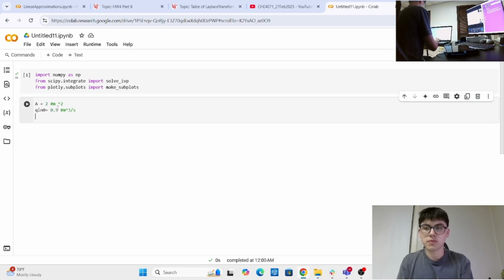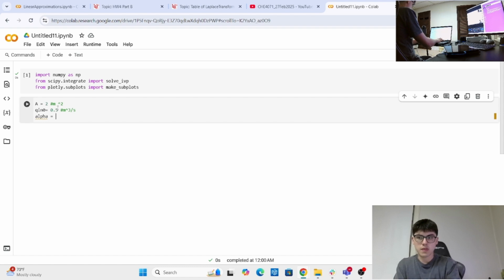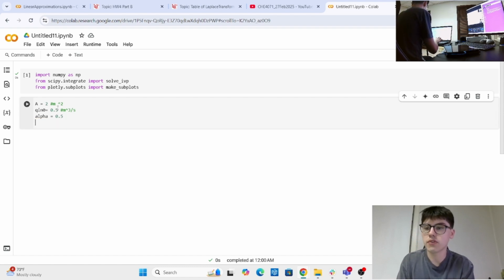What else do we need to assume? Some alpha value, because we said that square root of 2g times the area of the hole is our alpha value. So alpha, in this case, will be 0.5.